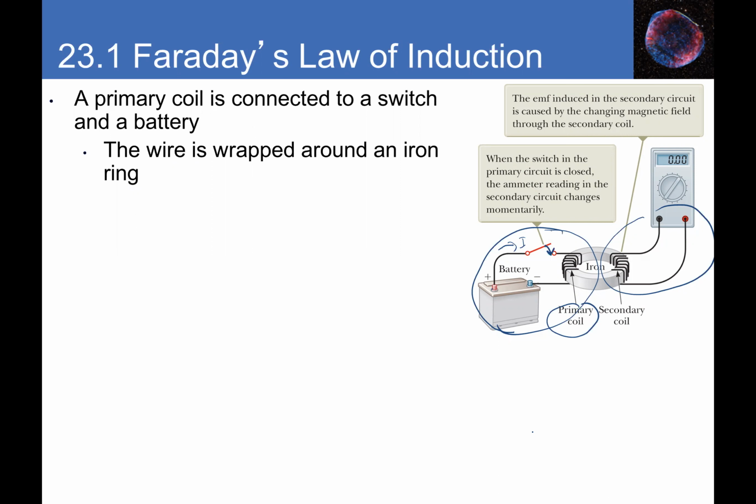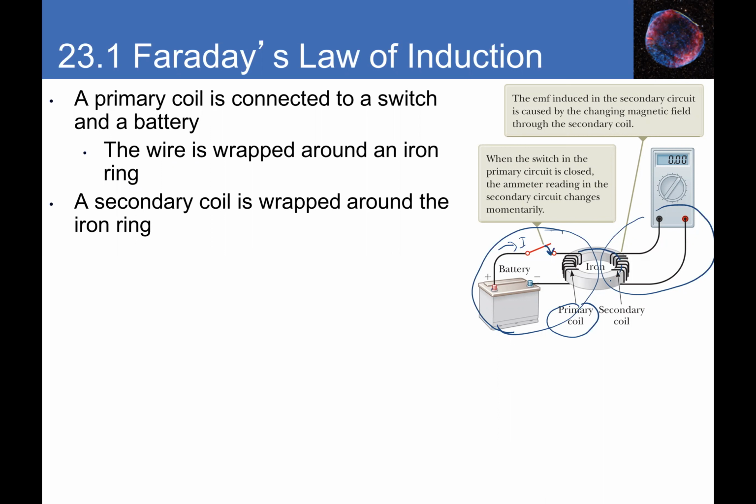But of course, we learned that if there's a current running through a conductor, there's going to be a magnetic field. So the secondary coil, which is also wrapped around that iron ring, is now going to have magnetic field going through here, inside that iron ring, through the center of the secondary coil.